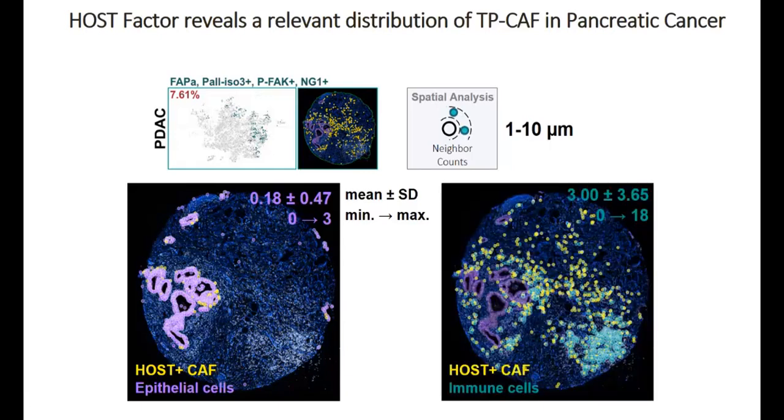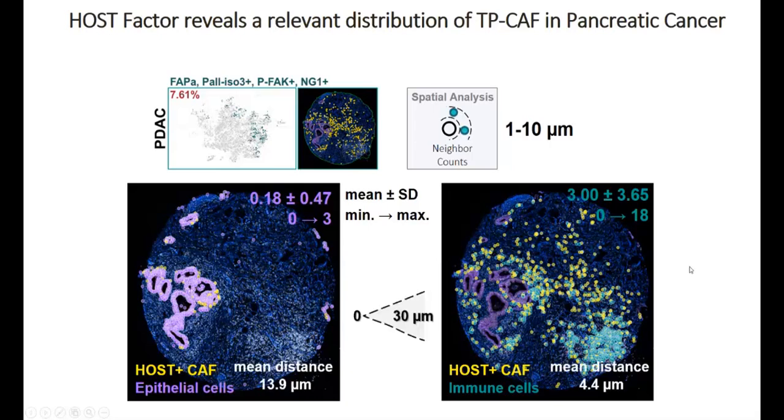But when we look now at immune cells and host-positive calves, we now know that for every host-positive calf, we have 3 immune cells nearby, suggesting that this particular subpopulation is interacting mostly with immune cells rather than with the cancer cells.